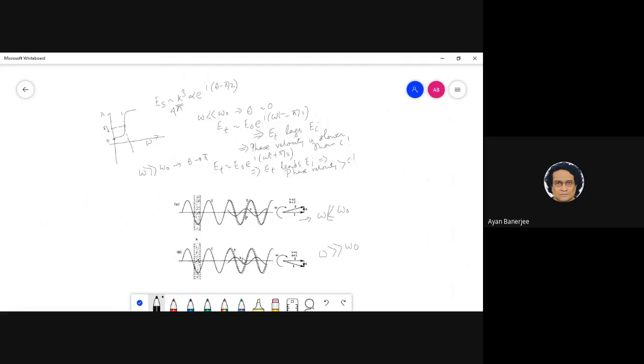Which is saying nothing but, in this case, you actually can have the phase velocity greater than that of the velocity of light.